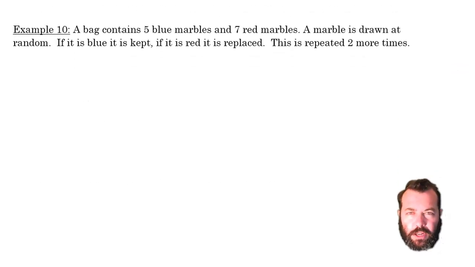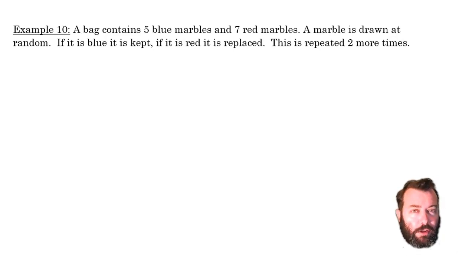We're going to jump straight into an example here to show you how these work. Now, this is a fairly complex situation here that's described. A bag contains 5 blue marbles and 7 red marbles, 12 marbles altogether. A marble is drawn at random from the bag. Now, if it's blue, we keep it out.